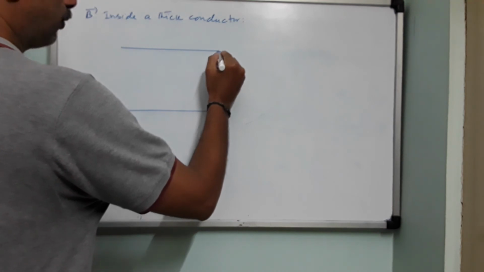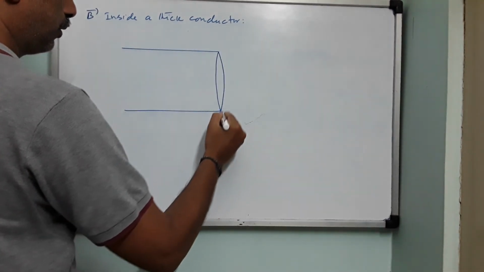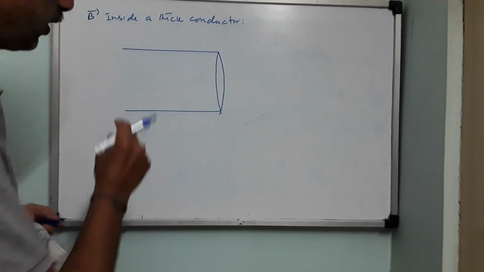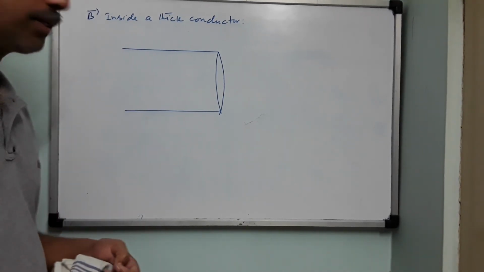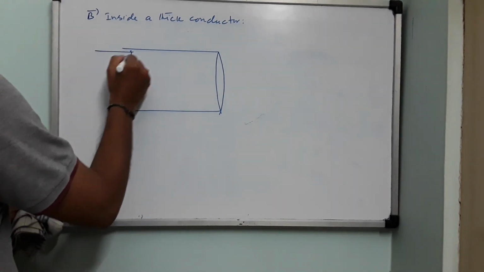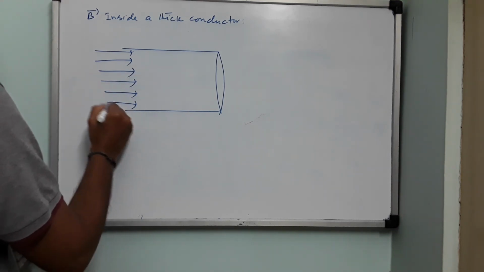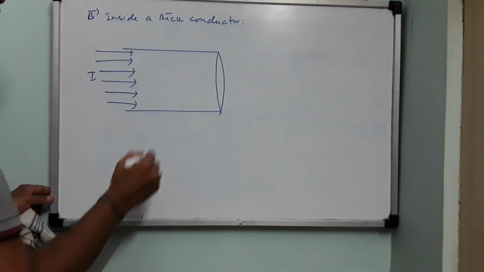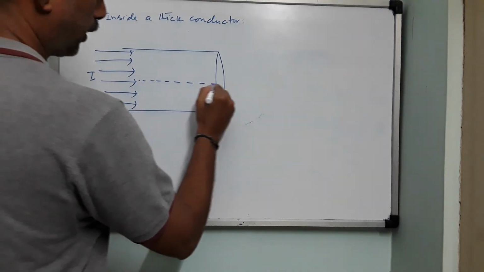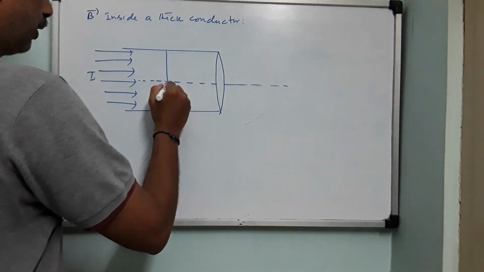So now this is actually the conductor. It's very small only, but I have exaggerated. This carries a current like this. So this is the direction of current I. Now let this be the axis of the conductor. So therefore this is capital R.